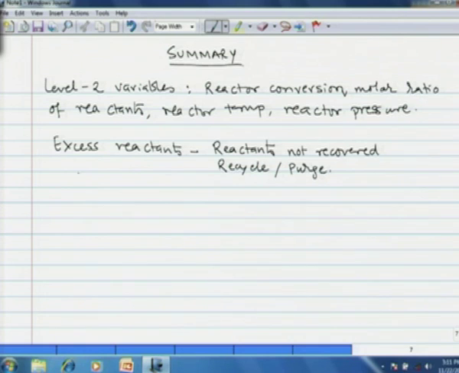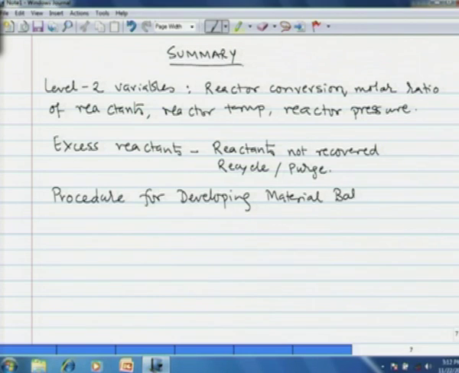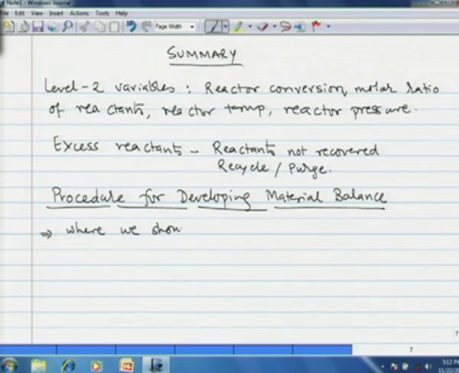Now, with this we shall see the procedure for developing overall material balance. The first question that comes is where we should start our calculations.